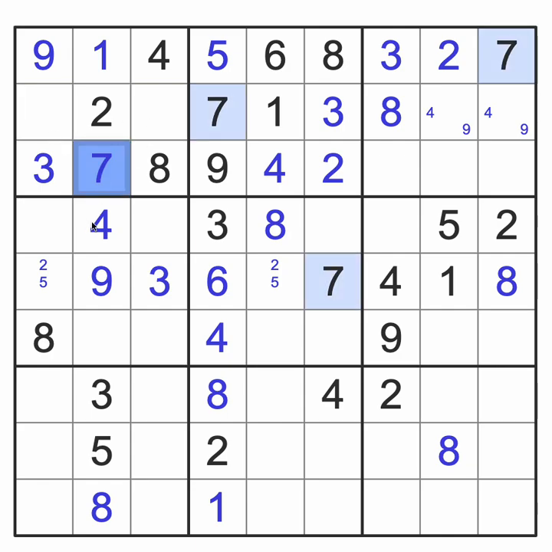Gives me 7 here. Now these are 5 and 6. And this cell is now 6. That completes the column. And this 6 blocks these cells in box 6, giving me 6 here.